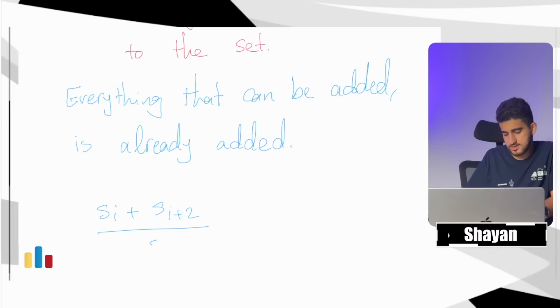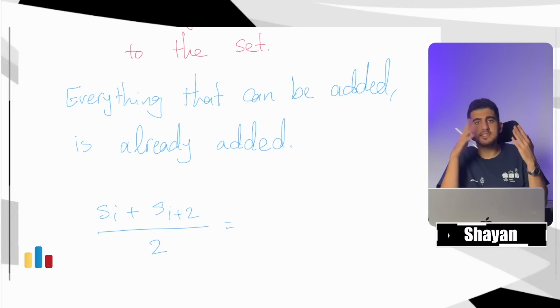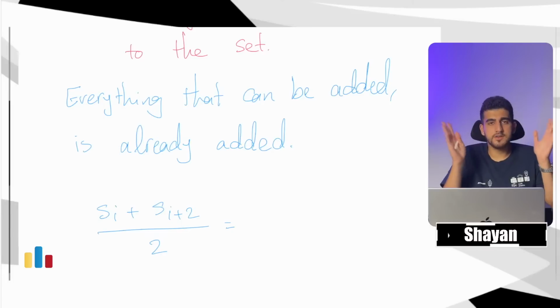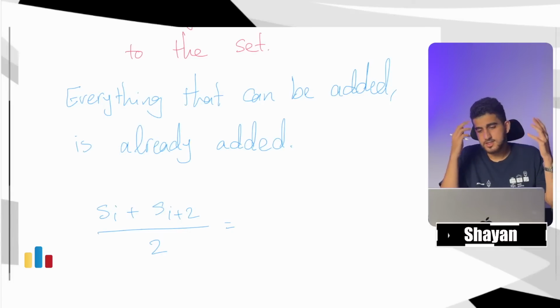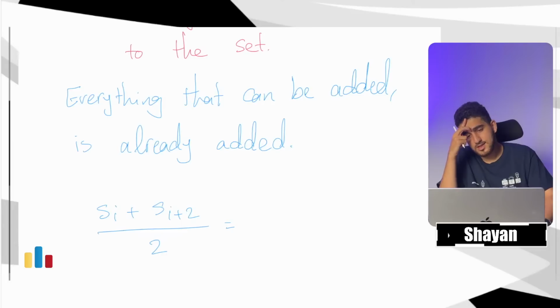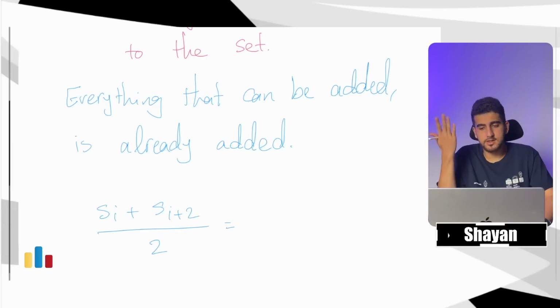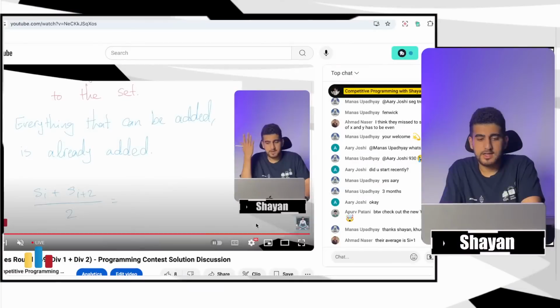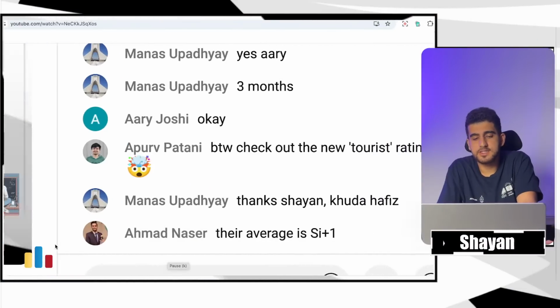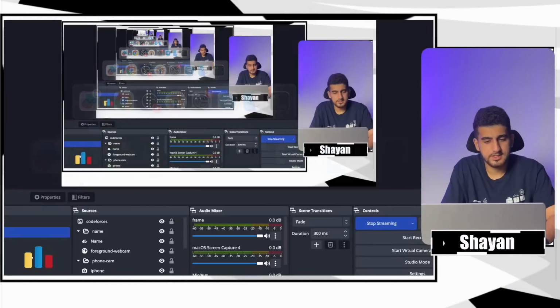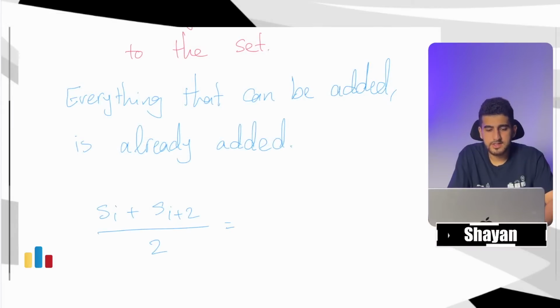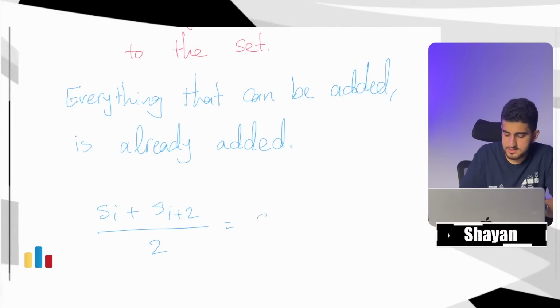The average can be added, but at the same time we said that we're stuck. We cannot add anything further. So what is the average of Si and Si plus 2, because they have the same parity? Exactly. Their average is S sub I plus 1.